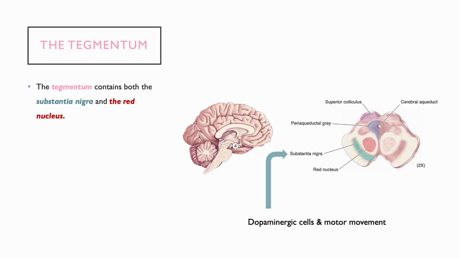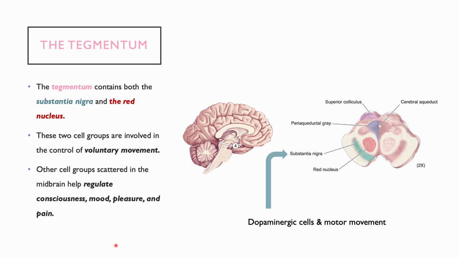Here's another midbrain structure known as the tegmentum. It contains both the substantia nigra, shown here in turquoise, and the red nucleus. Both of these areas play a really important role in our voluntary movement. There are other cell groups scattered in the midbrain that also help regulate consciousness, mood, pleasure, and pain. For example, the substantia nigra has a large amount of dopaminergic neurons that play a role in motor movement.